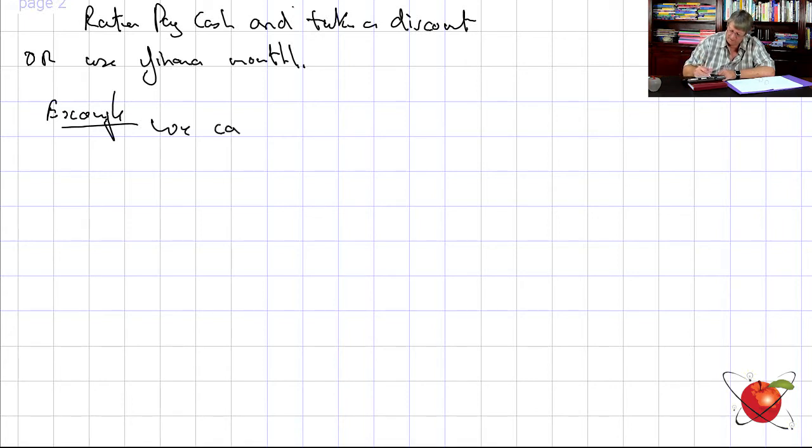We can buy an asset, an object, for 10,000.